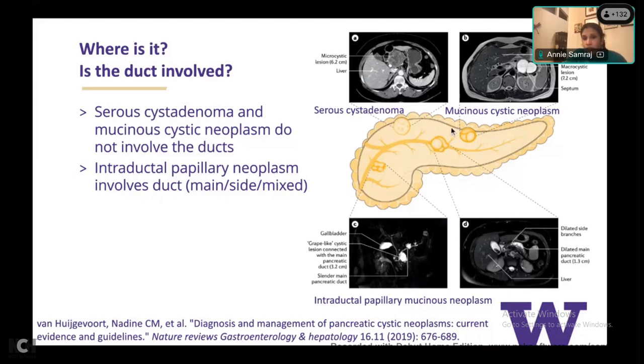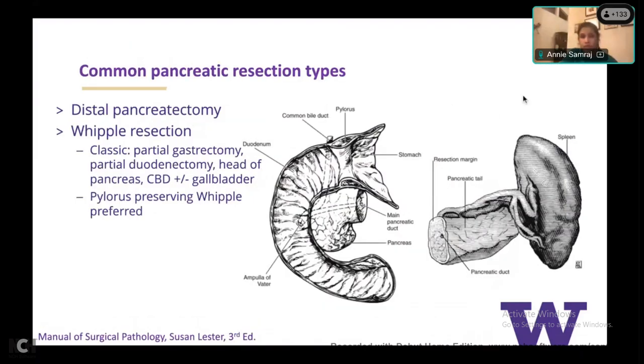Serous cystadenoma and mucinous cystic neoplasms do not involve the duct system. IPMN, or intraductal papillary mucinous neoplasm, can involve either the main duct or the side duct. Sometimes it's mixed.